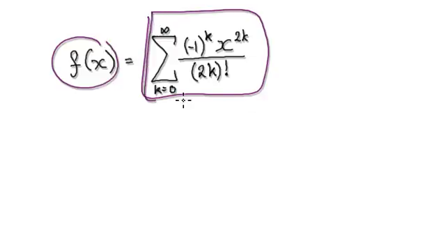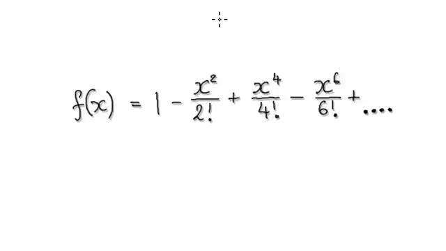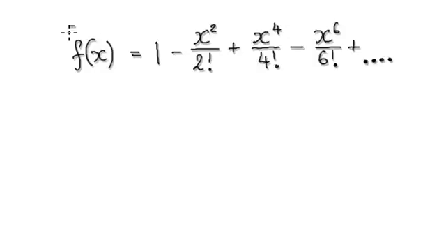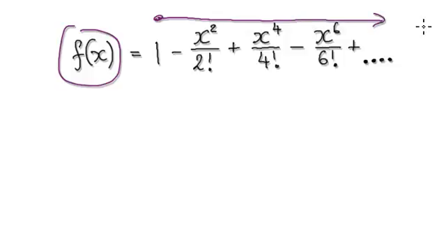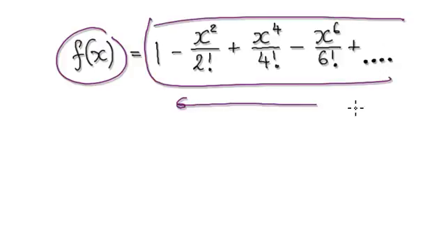So what we've got so far is a function that's defined by a certain rule that keeps on going forever towards infinity. This function here is defined by this whole thing here, and it goes on forever towards infinity.